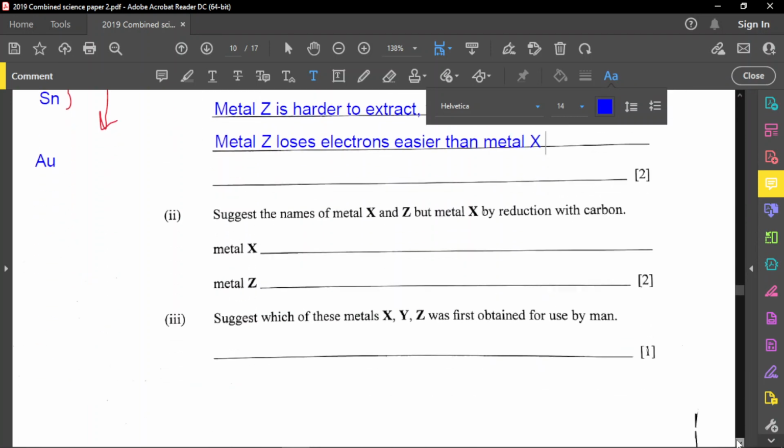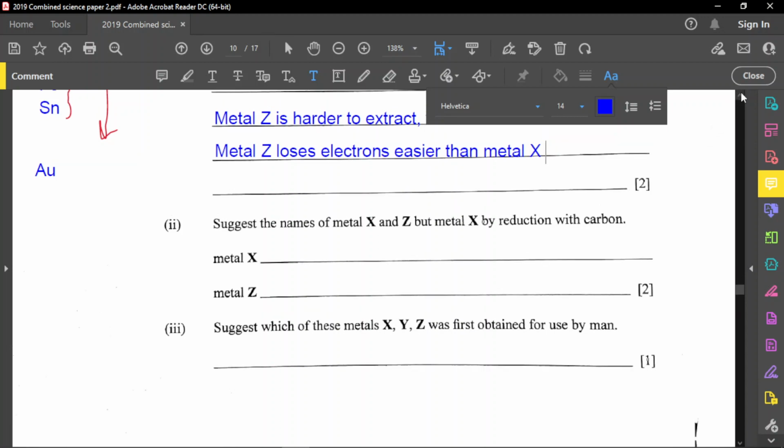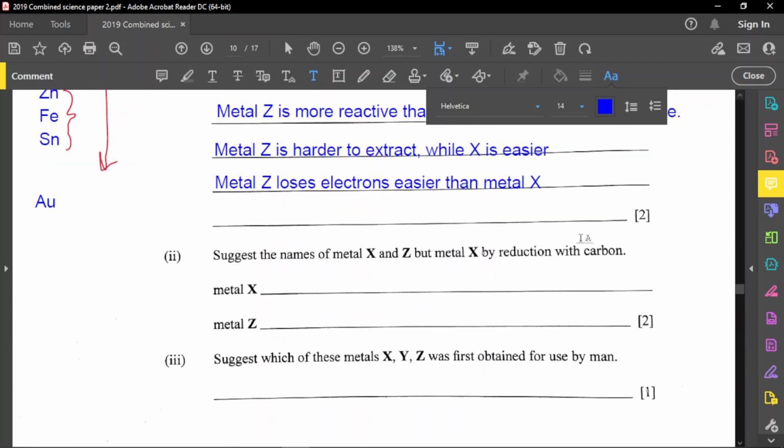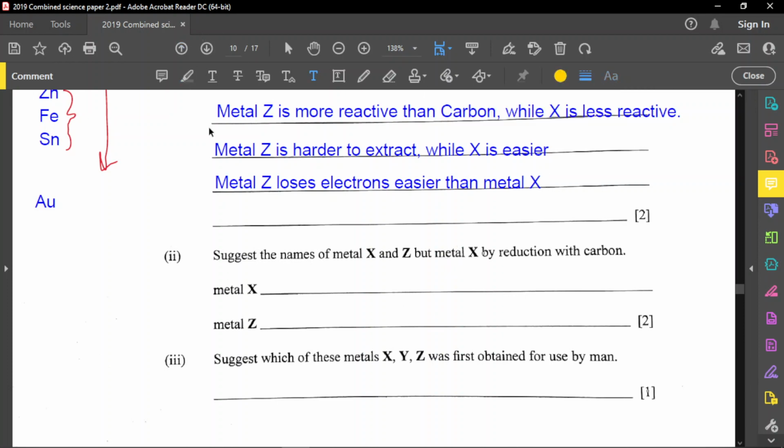For part 2, it says to suggest the names of metal X and Z, but metal X by reduction with carbon. I see, they're just giving the information based on the chart, what they give out the process.